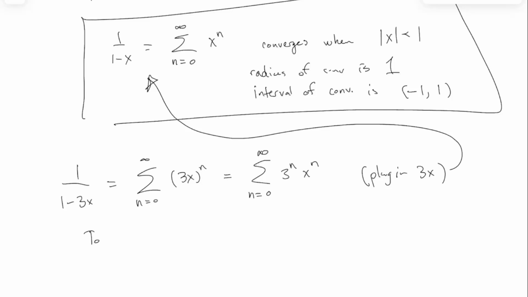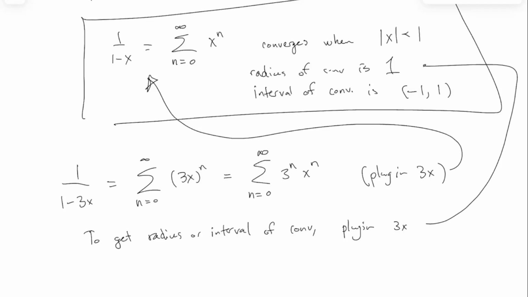But to get the radius or interval of convergence, we can also plug in 3x to that thing, right? It converges when absolute value x is less than 1. That's the standard version. This version will converge when absolute value 3x is less than 1.